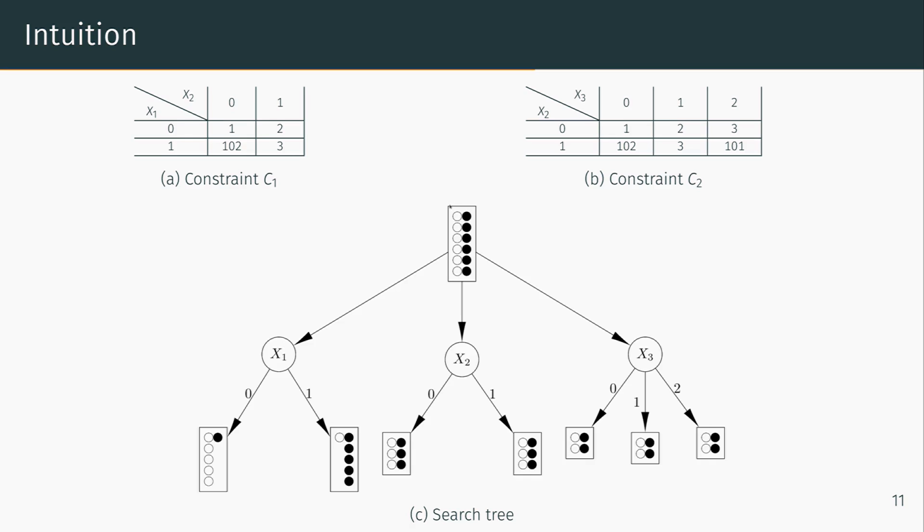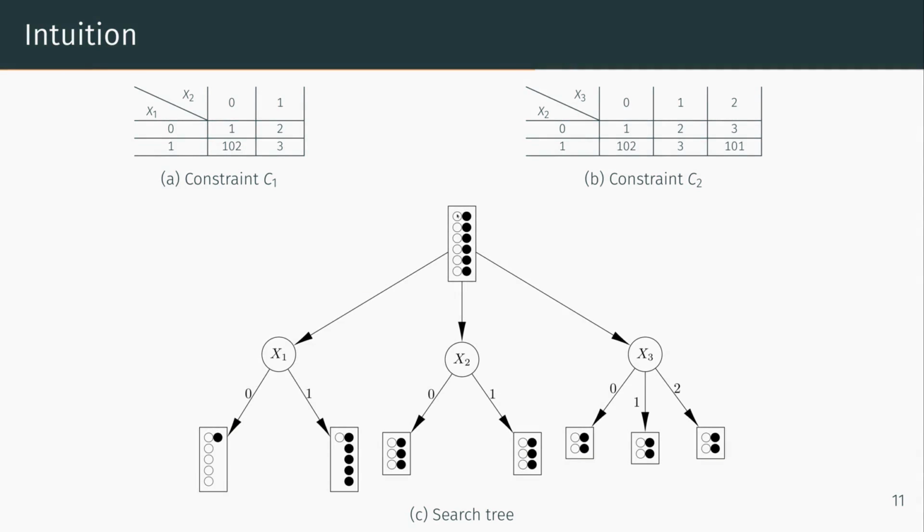And here in this figure, we represent each search node as a rectangle. So this is the root rectangle where no variable has been assigned, and this rectangle represents the situation where x1 has been assigned to 0. And this rectangle means that x2 has been assigned 1.